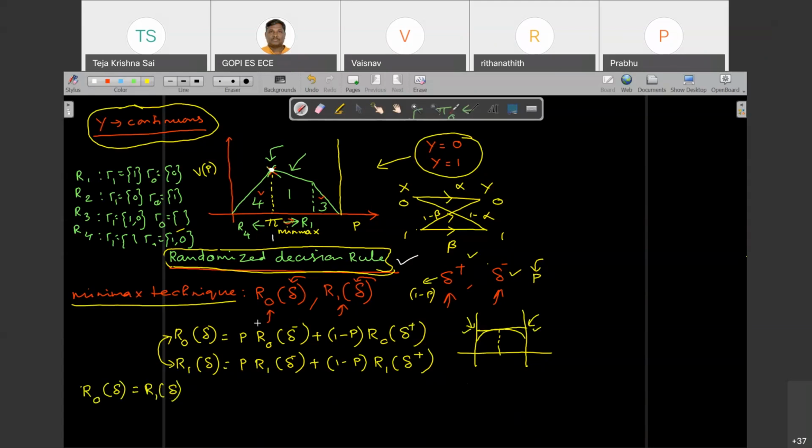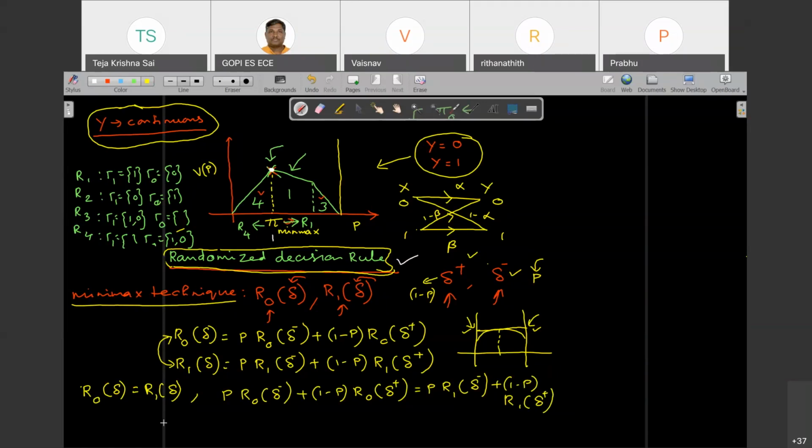And of course we have this expression here so that you can solve, so it is now simple algebra: P into R naught of delta minus plus 1 minus P into R naught of delta plus equals P into R1 of delta minus plus 1 minus P into R1 of delta plus.